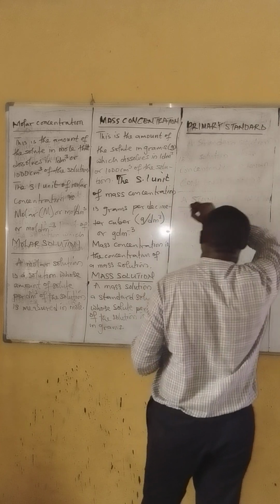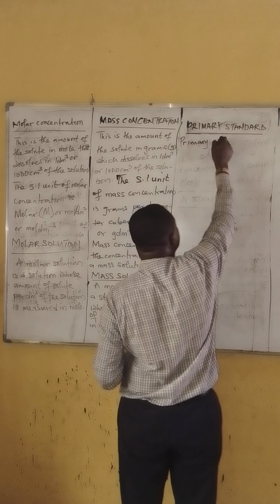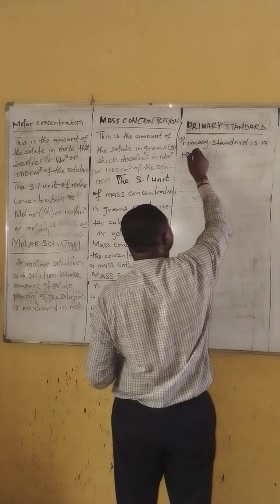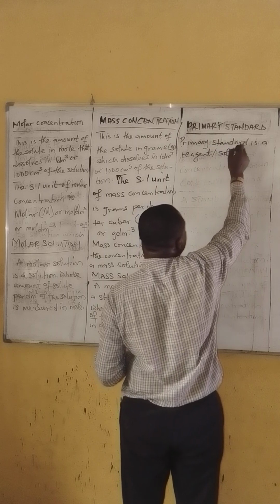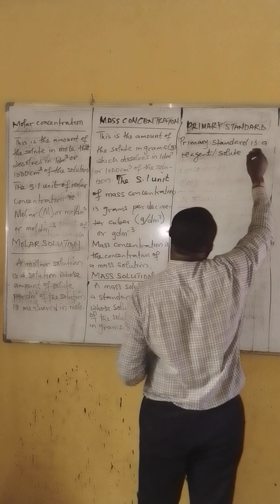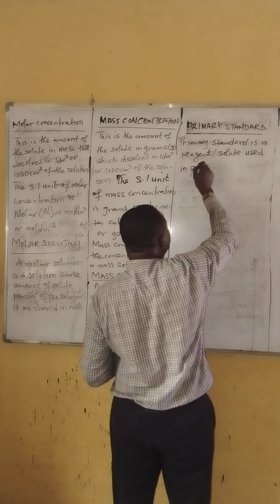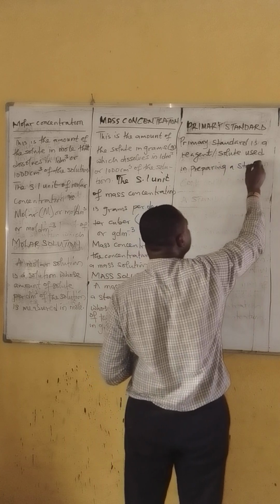What is a primary standard? A primary standard is a reagent or solute used in preparing a standard solution.